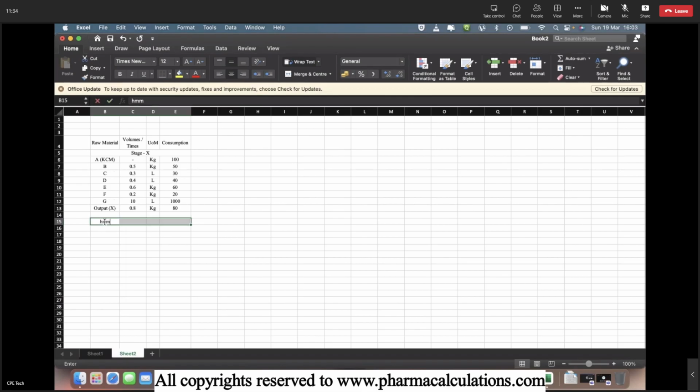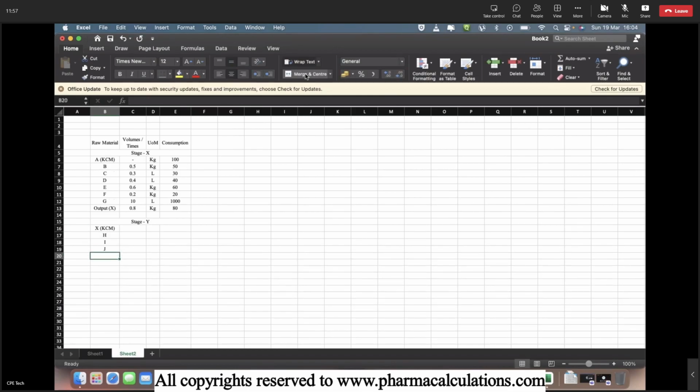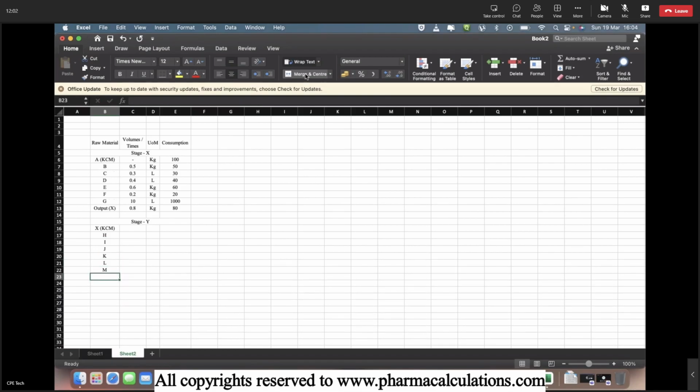Let's say the second stage is stage Y, and here the key contributing material is going to be X, which is the KCM, and then J, K, L, and M. So up to M, these are the materials which are consumed in the process, and the output is going to be Y. Let's mention the units of measurement for these materials, and the output is going to be in kgs.